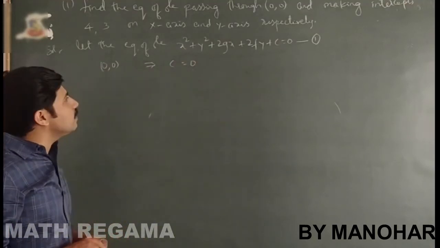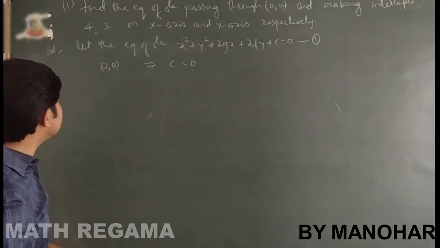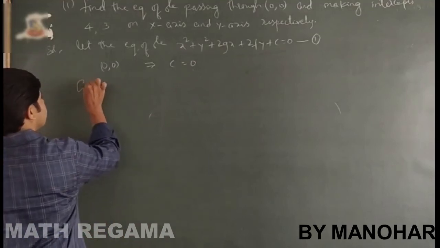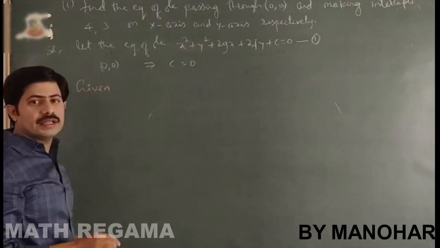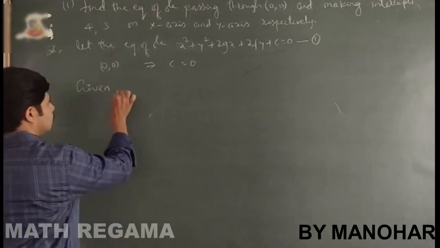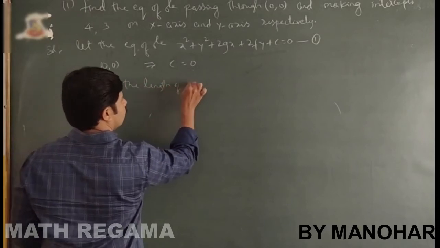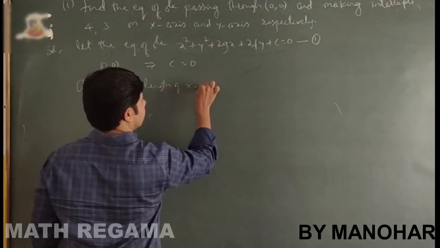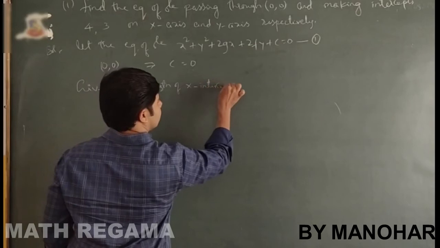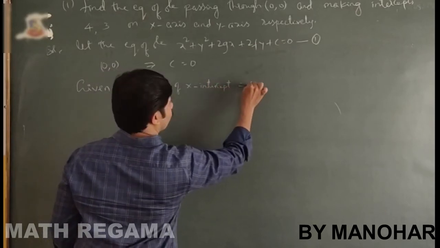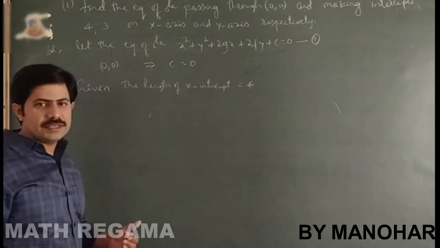So after getting the c value, what we have to do is see, it is given. What is given? It is given that the length of x-intercept is 4.